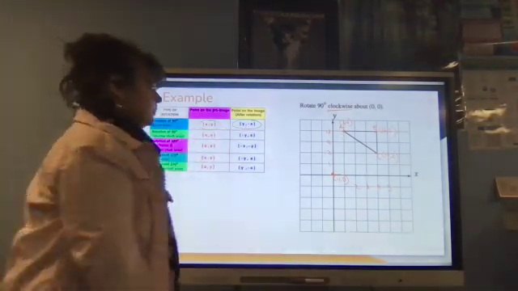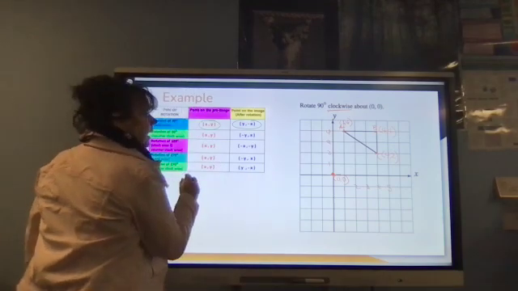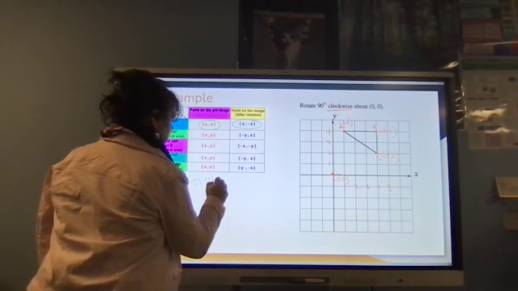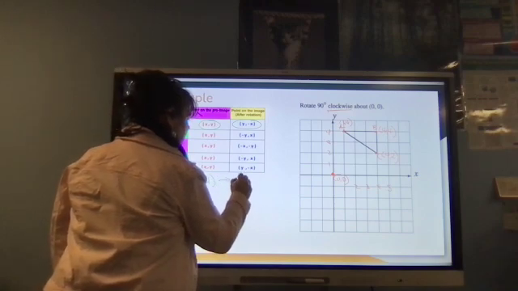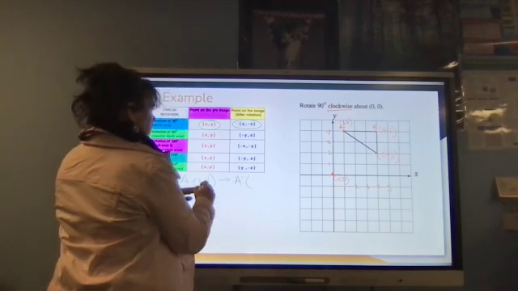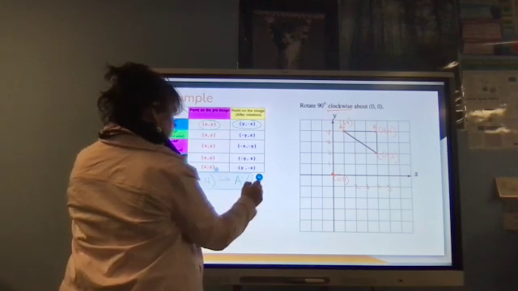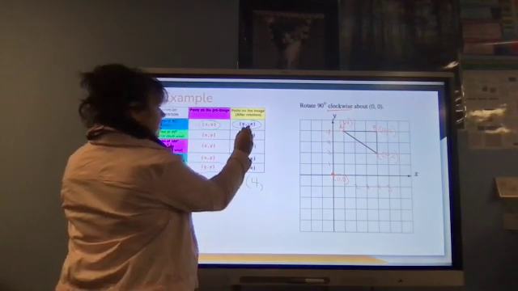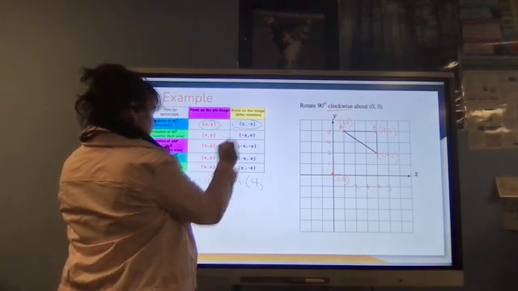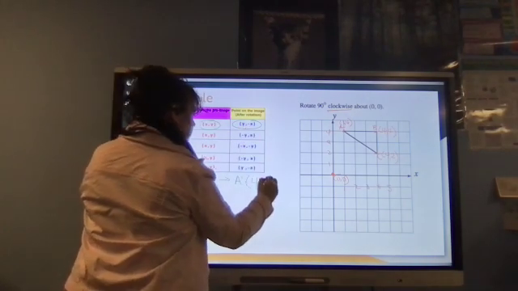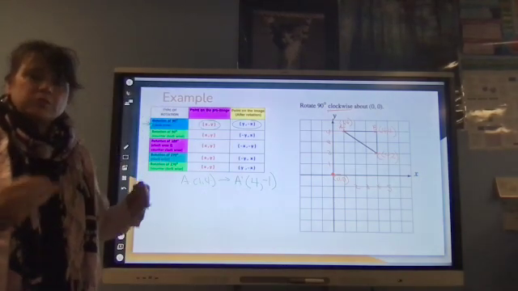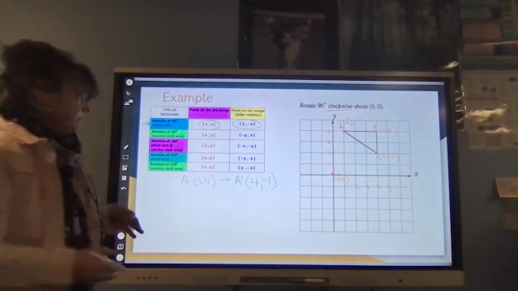So if our A is (1, 4), that means our A prime is going to be, we put our y value first, which is 4, and we change the sign on our x. It's a +1, so now it's going to be a -1. So there's our value for the image rotated for A prime: (4, -1).